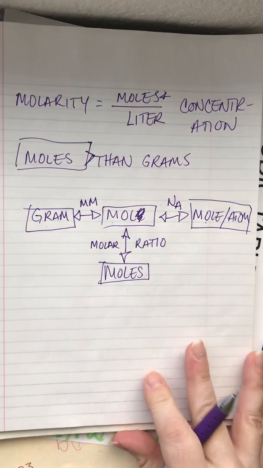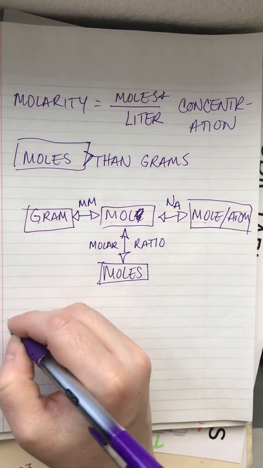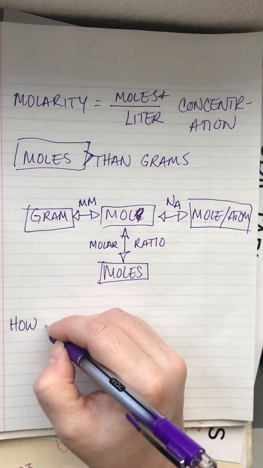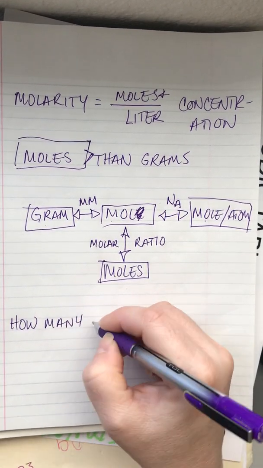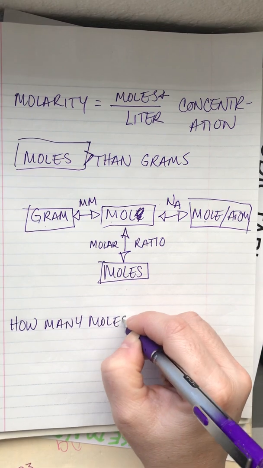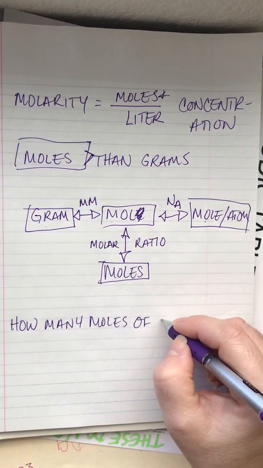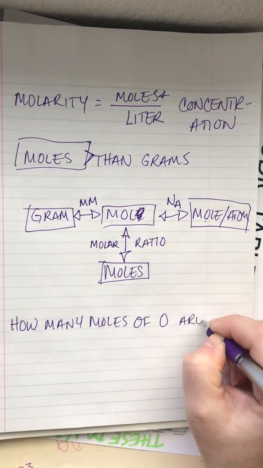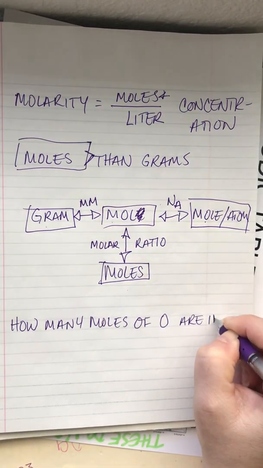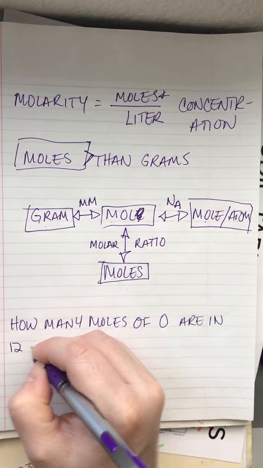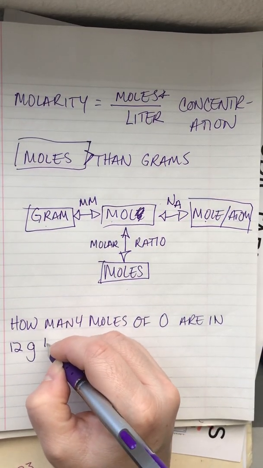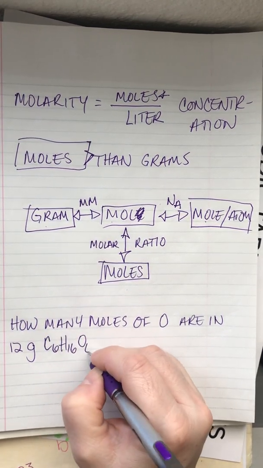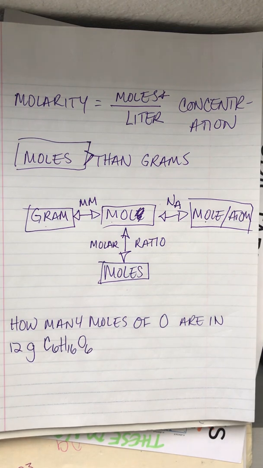So, let's say we want to know how many moles of oxygen are in 12 grams of glucose.